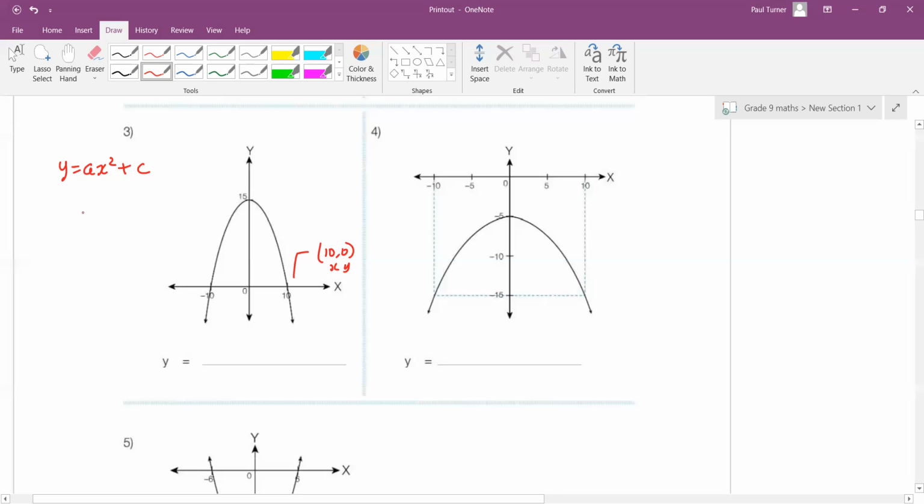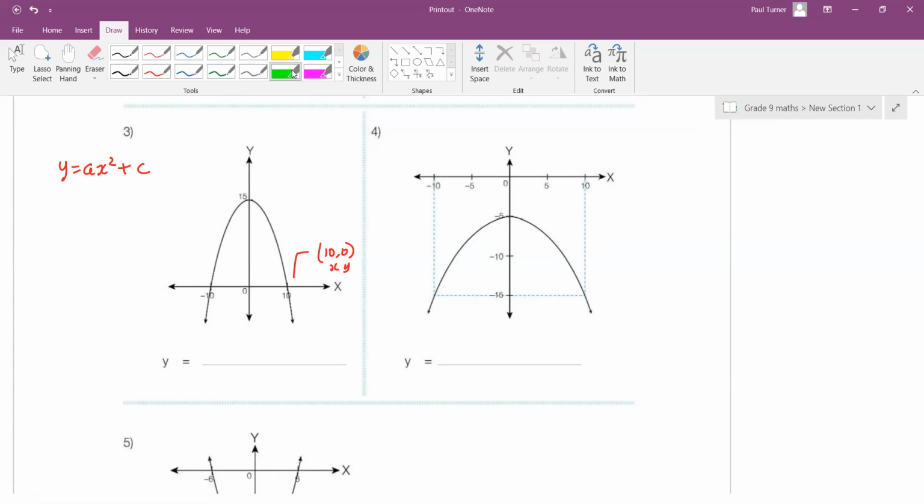Because the graph is opening downwards. Can anyone do it? You can put an answer for me.